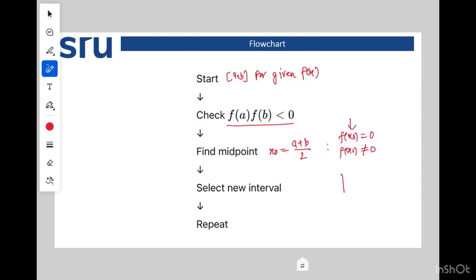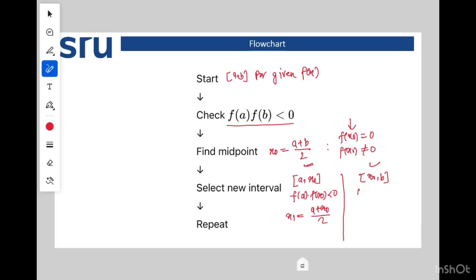But if f of x naught is non-zero, then select a new interval. And how to select a new interval? We have two choices: one interval is a to x naught and another is x naught to b. So either the root lies in this interval or in that interval. If f(a) into f of x naught is less than 0, then your first approximation x1 equal to a plus x naught divided by 2.